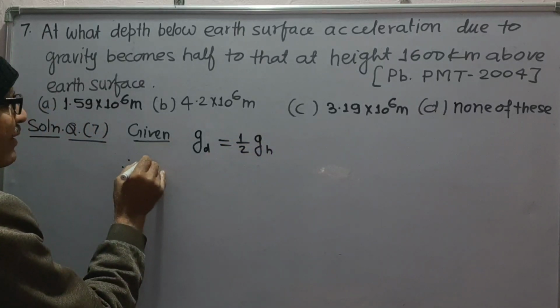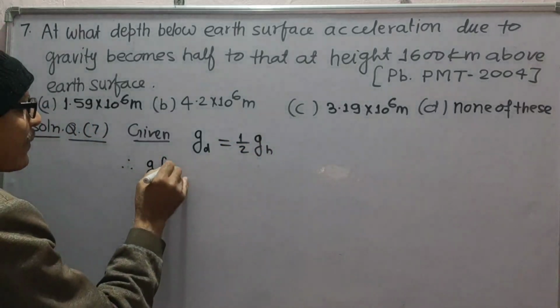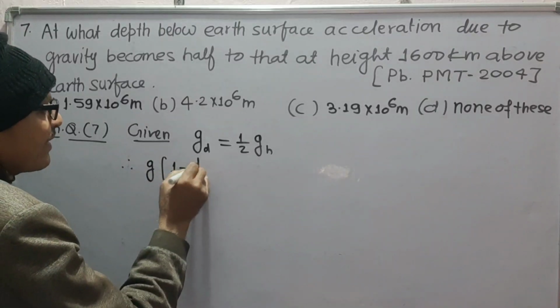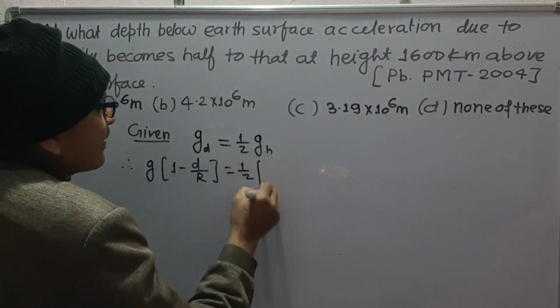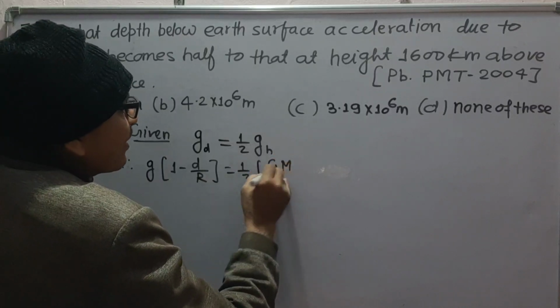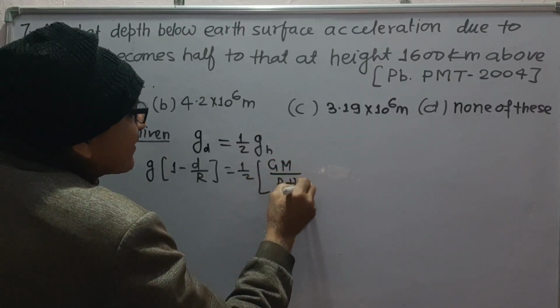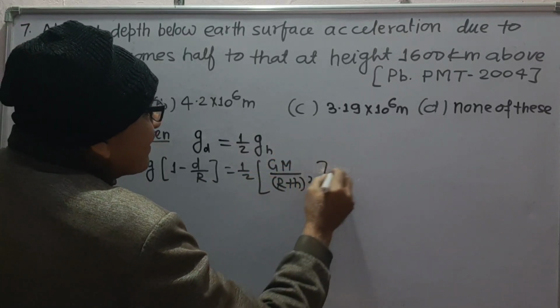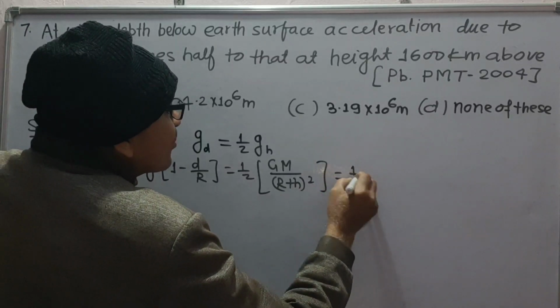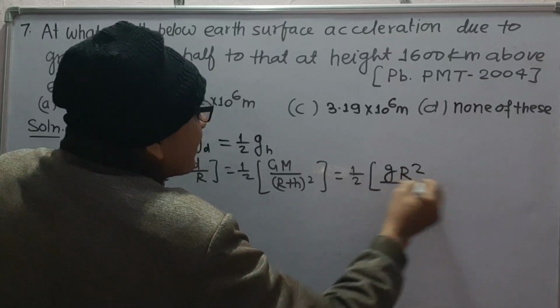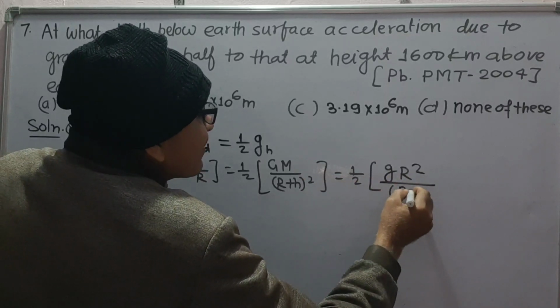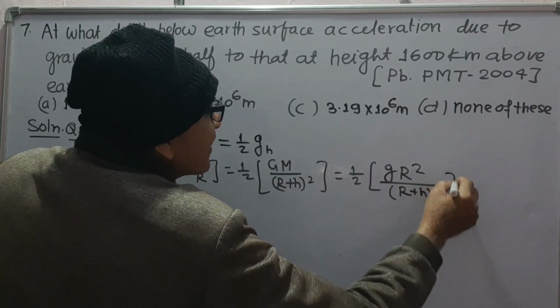Therefore, small g into 1 minus d upon R will be equal to 1 by 2 G M upon R plus h whole square. This can be written with GM as g R square upon R plus h whole square.